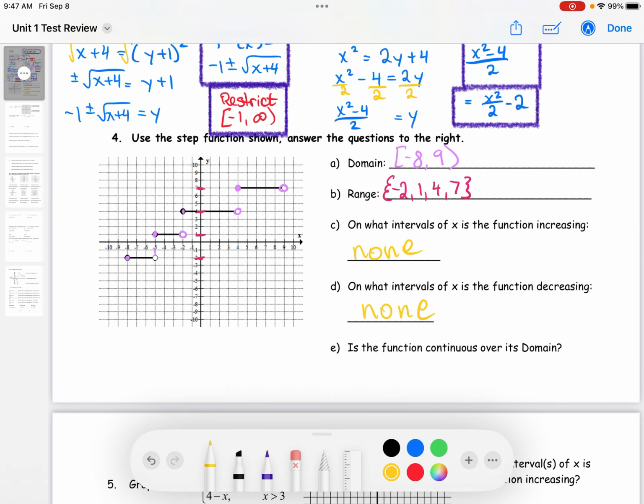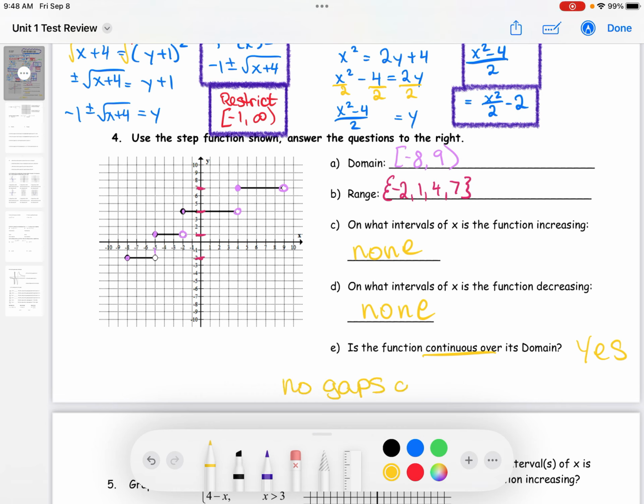And then the question's asking in part E, is the function continuous over its domain? And yes, it is, meaning once the domain starts, nothing interrupts it. There are no gaps or breaks within the domain from when it starts to when it ends.